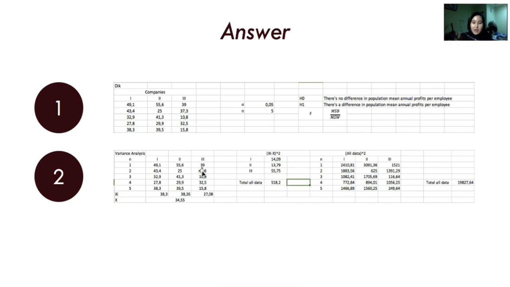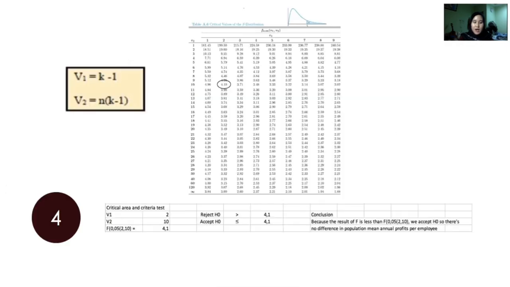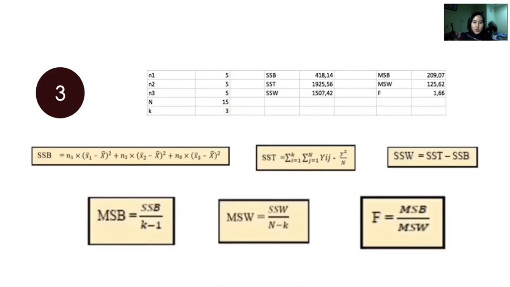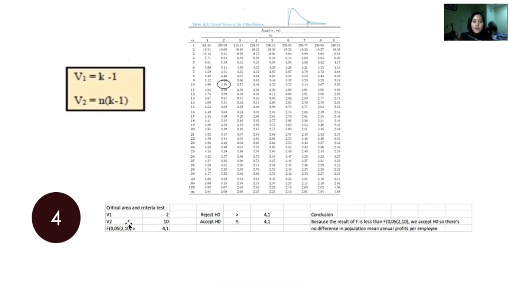Because N is 5 and K is 3 minus 1, so 5 times 2, and we got the result 10. So to get the F from the table is F alpha V1 V2. The alpha is 0.05, V1 is 2, and V2 is 10. So we got the result from the table 4.1.